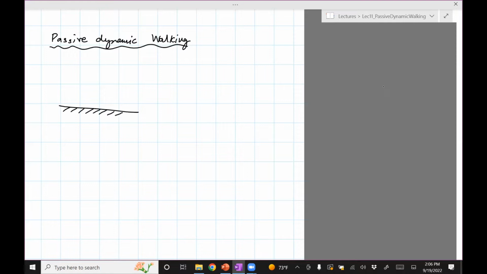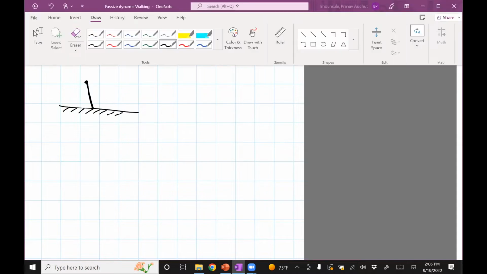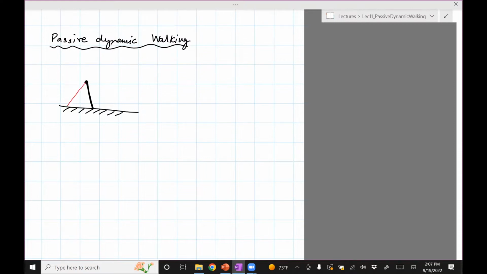So imagine a ramp, and I purposely drew it at a slope. Okay, that's one leg. The other leg, let me draw it in a different color. Okay, now I need to start somewhere.